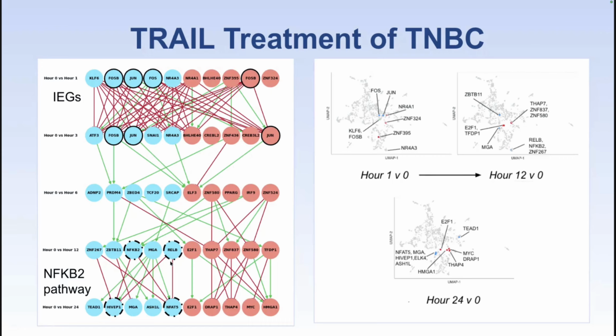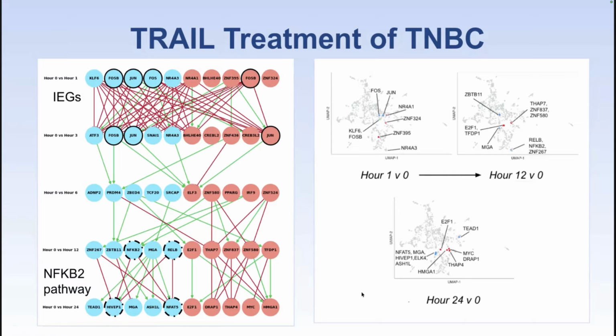NF-kB2 and REL-B are both inhibiting the same targets, HIVEP1 and NFAT5, which are both implicated in NF-kappa B2 signaling. And there's actually a third transcription factor that's also inhibiting both of these targets, ZNF267. So this suggests that ZNF267 is a novel member of the NF-kappa B2 signaling pathway.